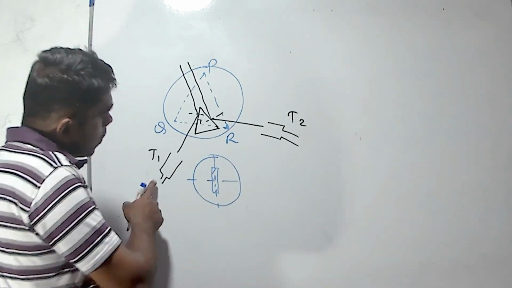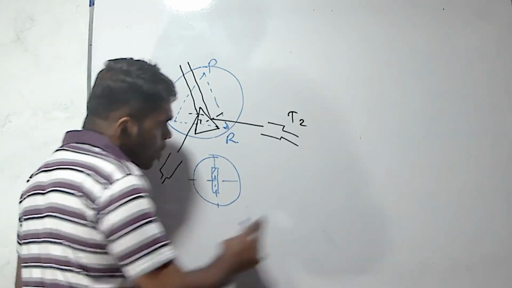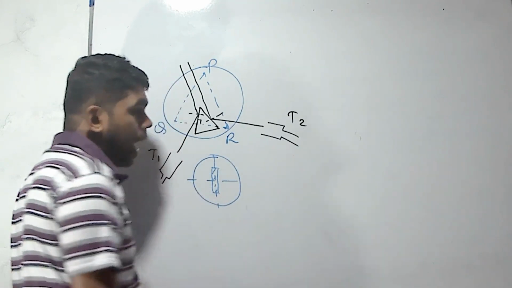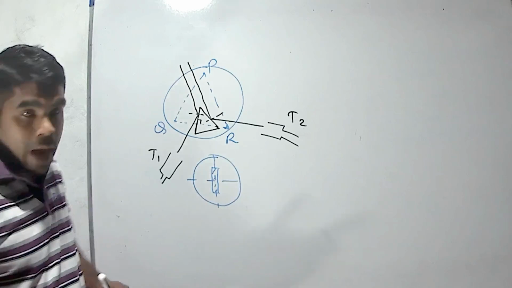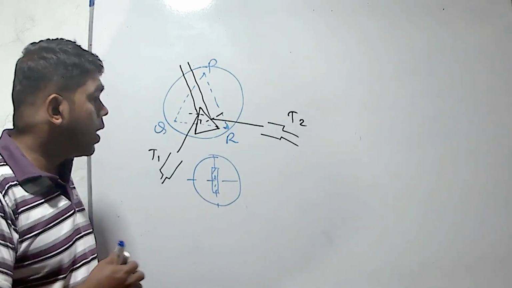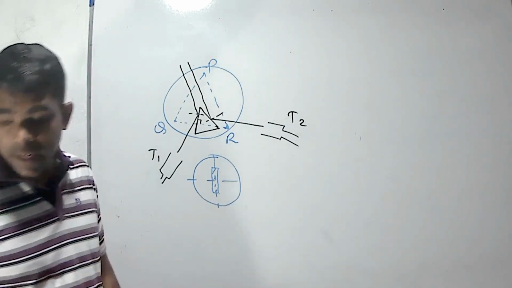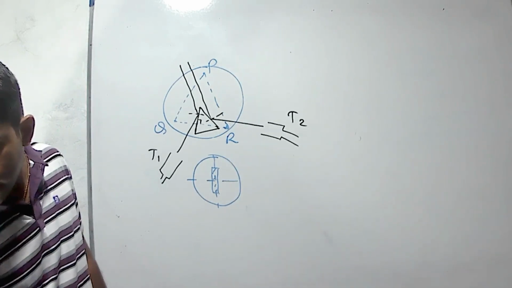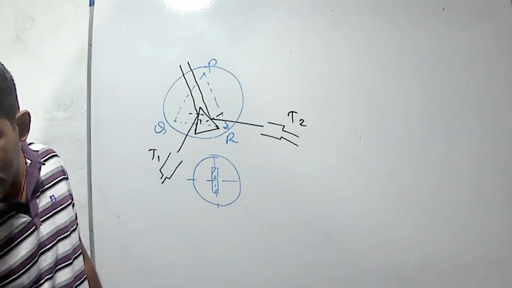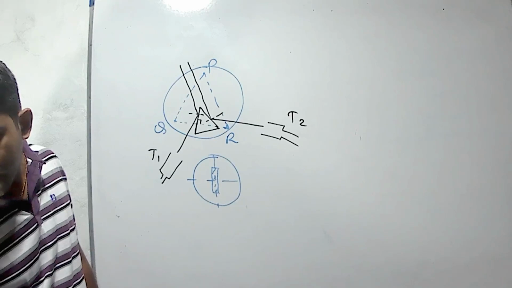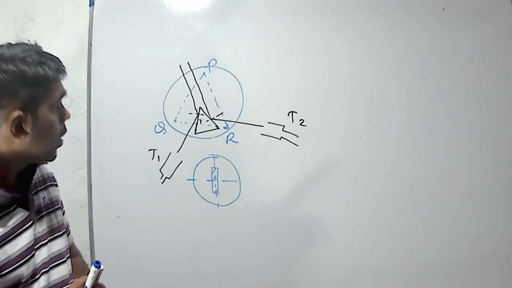Then we have to move the telescope to this T2 position, and again we have to rotate a screw to get a symmetric image. They have asked which screw we have to rotate.